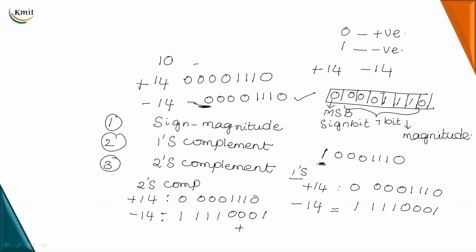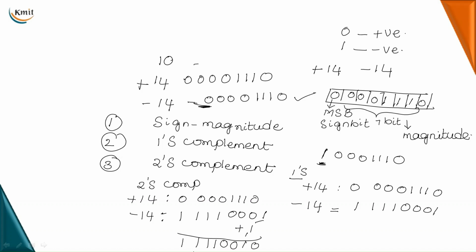For this you need to add plus 1 to the least significant bit. So what will it become? Here 1 plus 1 becomes 1 0. Here it becomes 0 plus 1 is 1, 0 0 1 1 1, and the sign bit becomes 1. So this is the two's complement representation of minus 14.